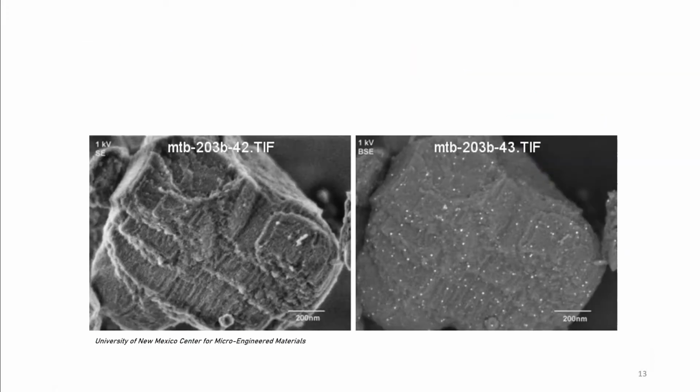With what I told you now, which image is a SE image and which one is a BSE image? The image on the left-hand side contains much more information about the surface structure or topography. Surface sensitive means it's an SE image, whereas the image on the right-hand side contains less topographical information.